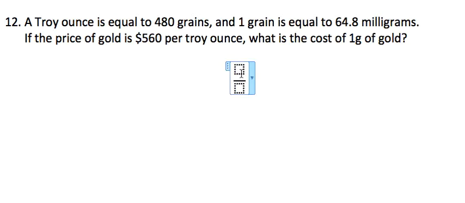Okay. So you need to think to yourself, what is the question asking? The cost of what? Well, it's the cost of 1 gram of gold. So I'm starting with 1 gram of gold. Now, there's one thing with the metric conversions. Let me back up a little bit. When we did metric conversions, I want you to notice that I always kept my units with my numbers.